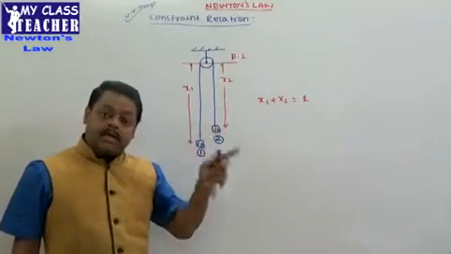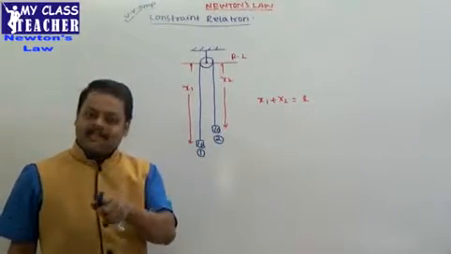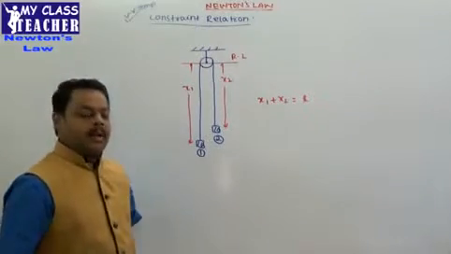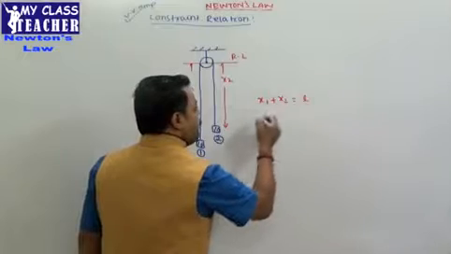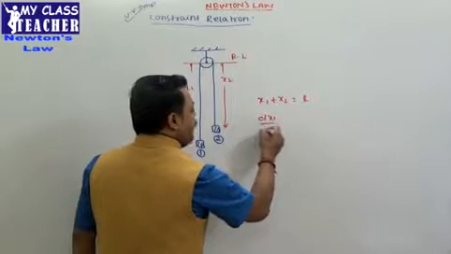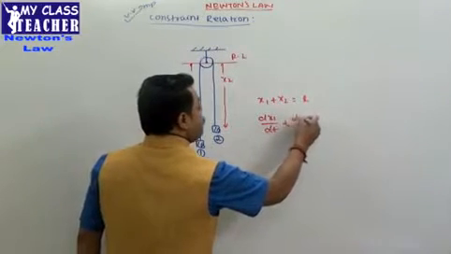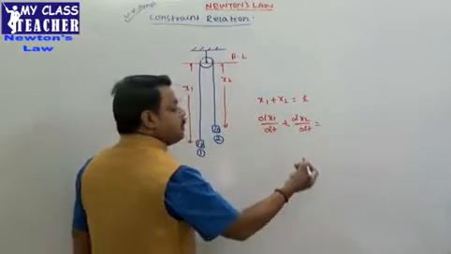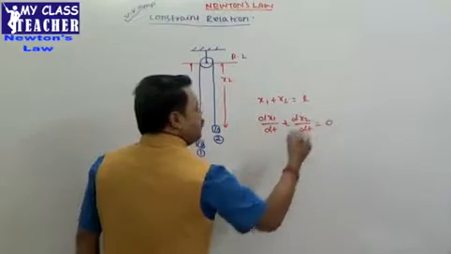लेकिन हमें पता है differentiation of a position vector is velocity vector and differentiation of a velocity vector is acceleration vector. तो अगर ये इक्वेशन को हम डिफरेंशिएट करेंगे then dx1 by dt plus dx2 by dt is equal to differentiation of L, but since the length of the string is a constant, its differentiation will be 0.